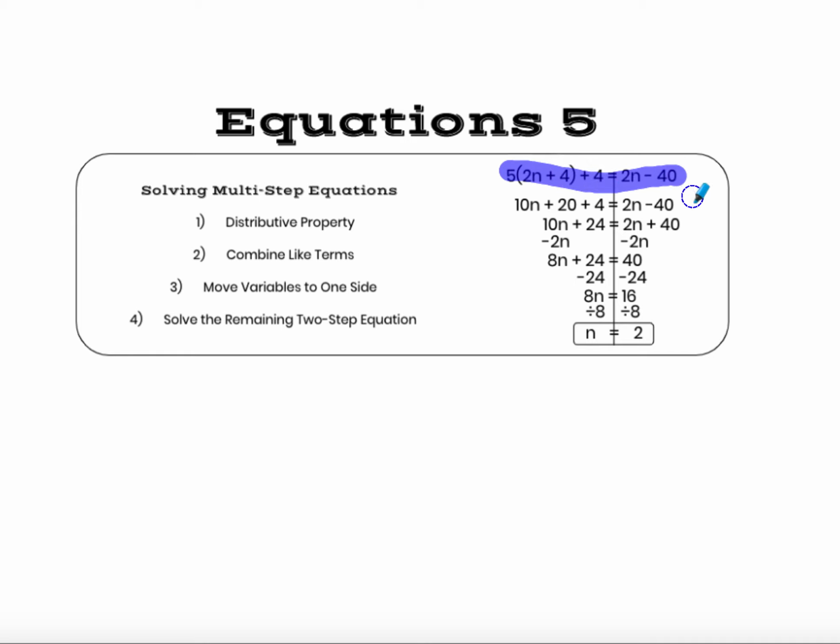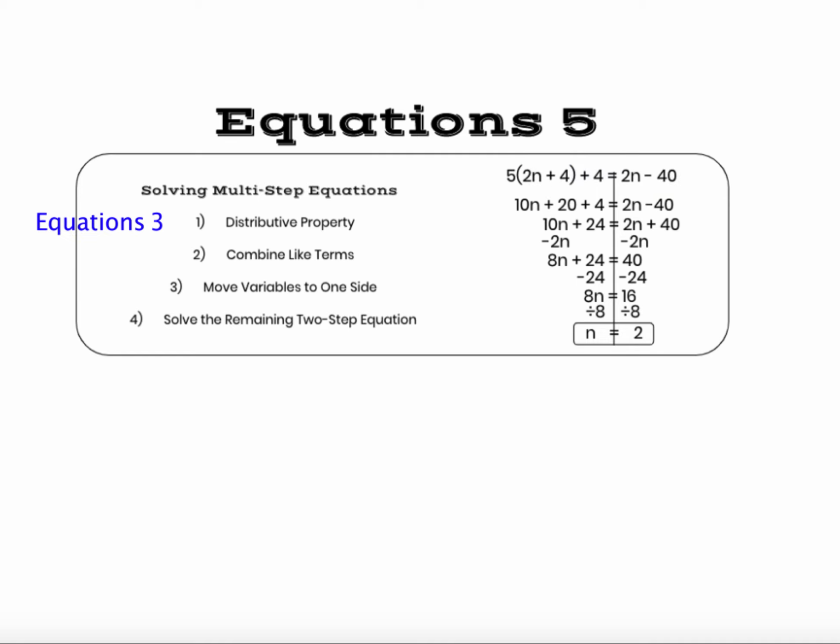And then an example of solving that multi-step equation, as well as a list of the steps that you will perform when you are solving your own multi-step equations. Now, if you look at that list, each one corresponds to a skill or strategy that you have been practicing in this packet so far.